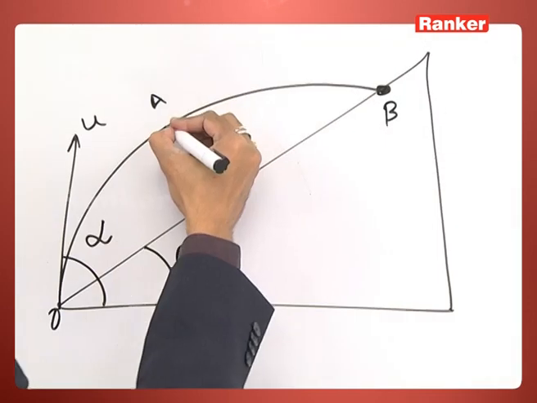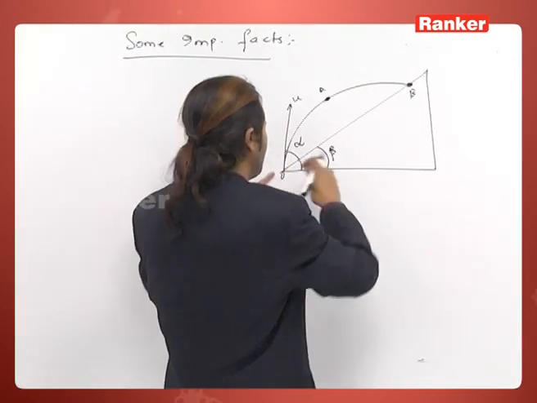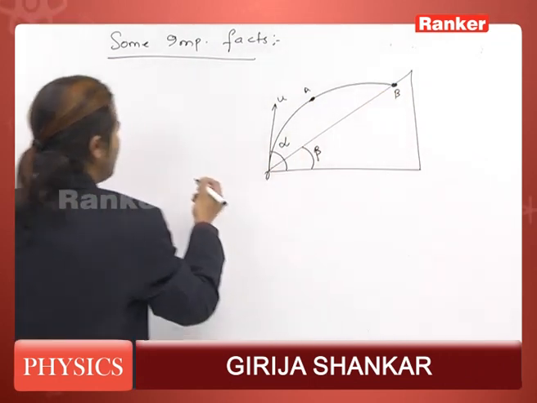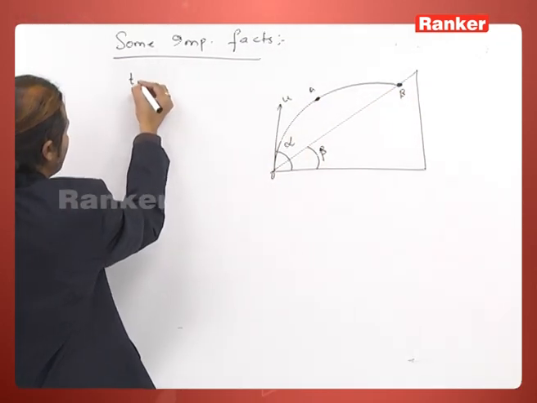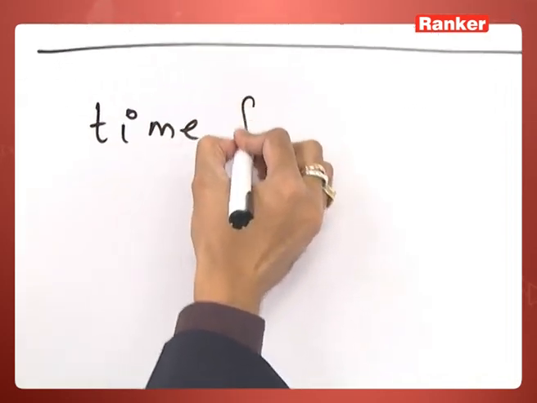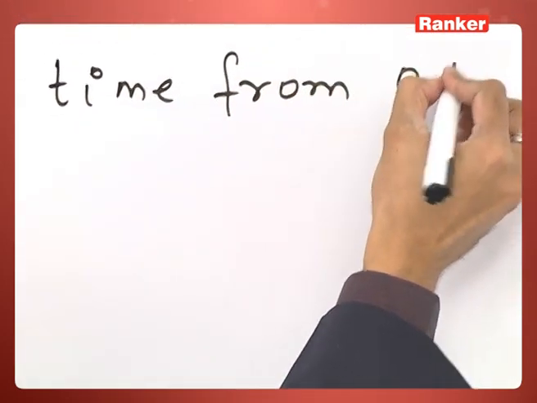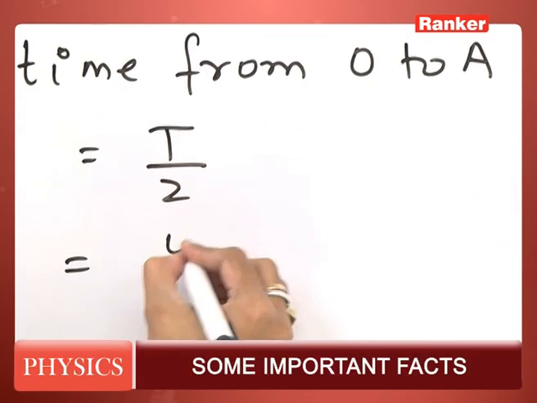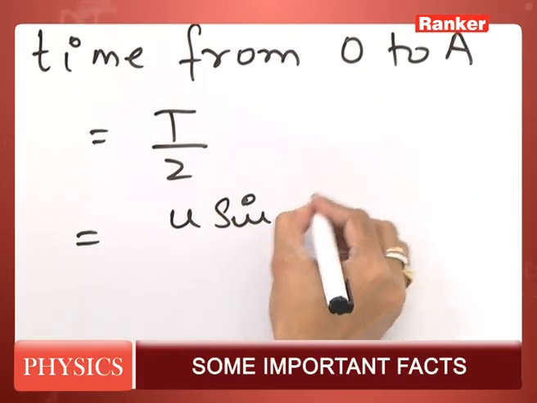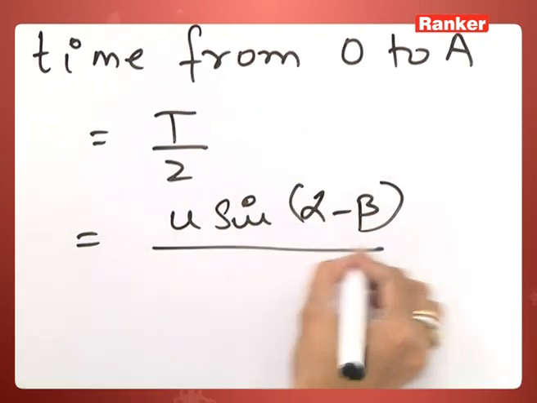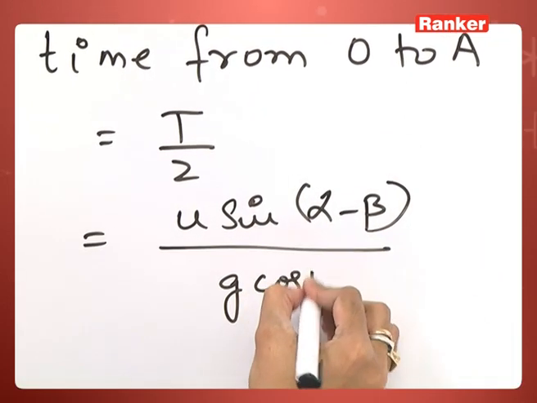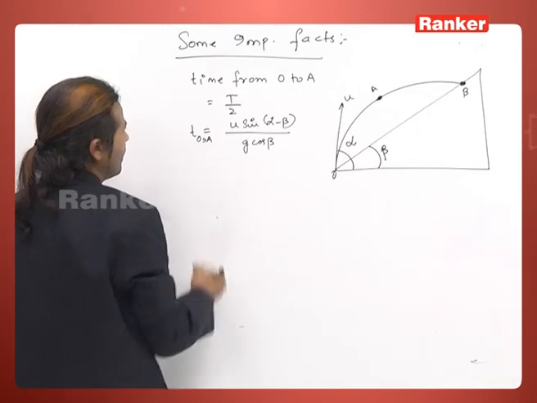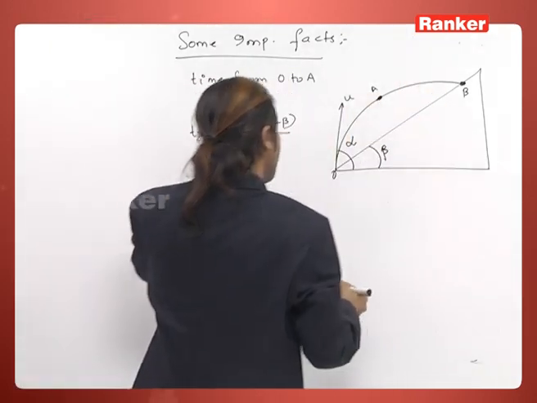Now let us say A is the midpoint of OAB, and we can say the time from O to A is t by 2, that is u sine alpha minus beta divided by g cos beta. Let us prove this.